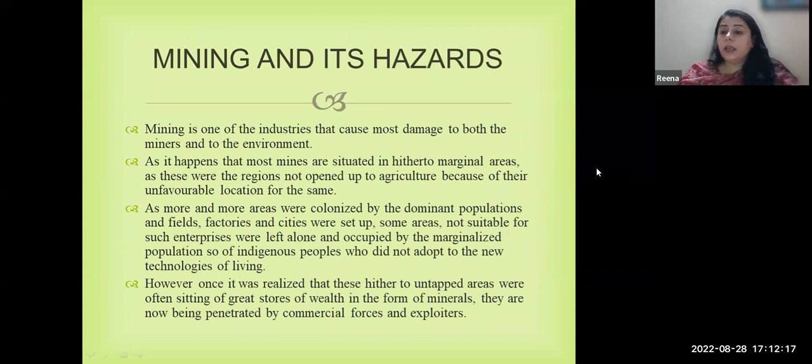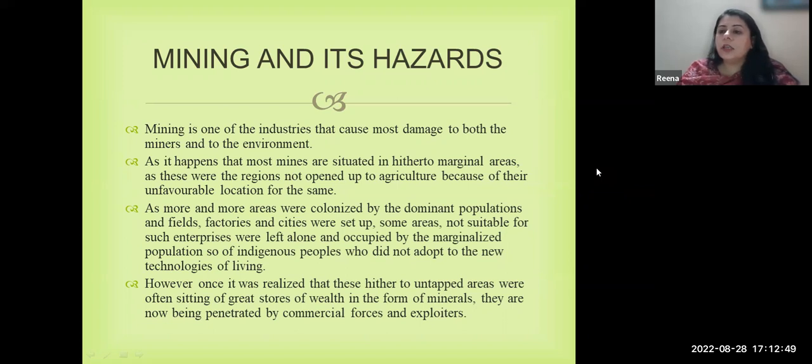Then coming to mining and its hazards, mining is one of the industries that causes the most damage, be it minor minerals. There are 21 categories of minor minerals as per the Environment Impact Assessment Notification and its further amendments introduced in the following years. Most mines are located in marginal areas where there cannot be agricultural allocation of land because of the unfavorable location.